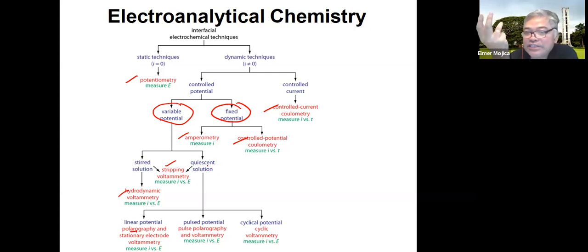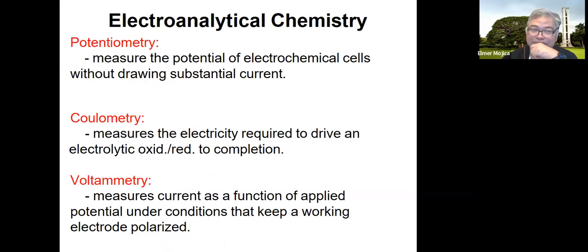Usually you leave it as is in a given solution. By just looking at how the potential is applied, you have the voltammetry. So the difference between amperometry and voltammetry is that one has a fixed potential, and the other you can vary the potential. Okay, so I don't know if you can now differentiate each of them.